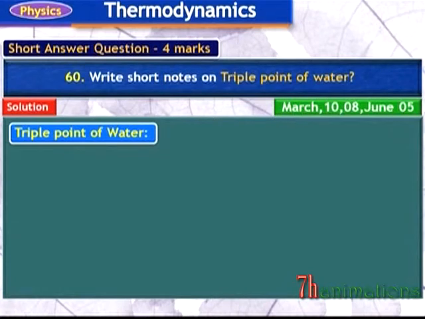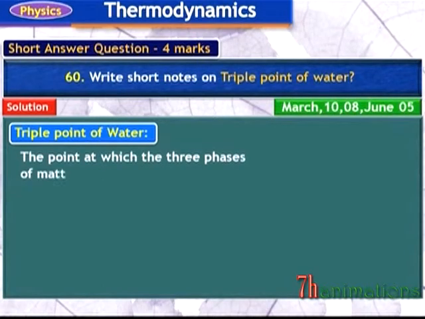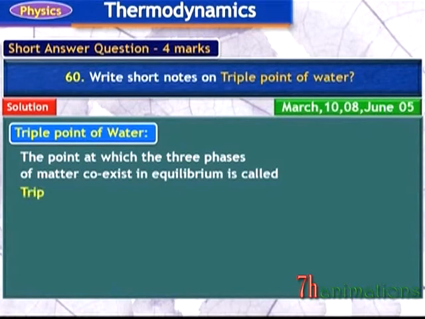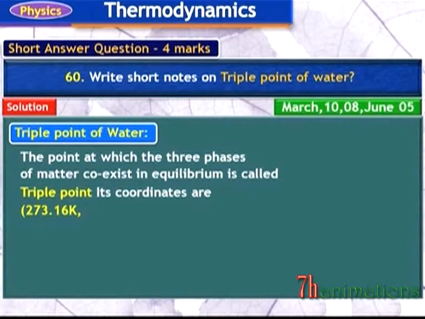The triple point of water is defined as the point at which the three phases of matter coexist in equilibrium. Its coordinates are 273.16 Kelvin temperature and 0.006 atmospheric pressure, or 4.58 millimeters of mercury pressure.